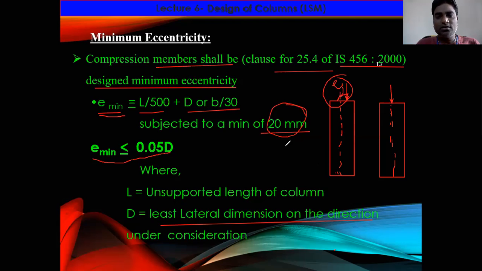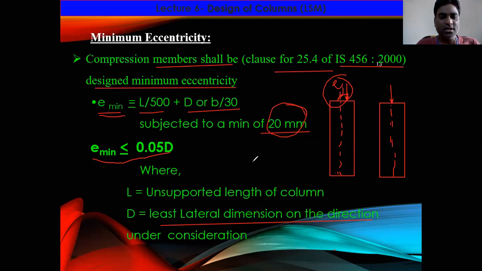And again, there are two kinds of eccentricity, whether it is with respect to one axis or with respect to two axes. That means uniaxially eccentrically loaded column and biaxially eccentrically loaded column. That means whether it is with respect to one axis or with respect to both axes.